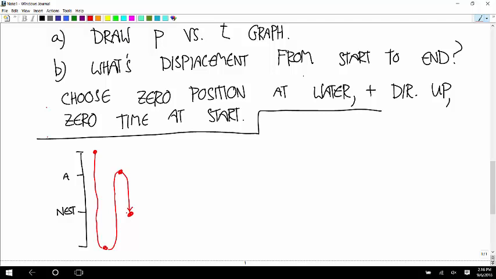Okay, and what's the next step that we did last time? First, let's label the locations of these things. So we know that this is our 0 down at the water, and our positive direction is up.